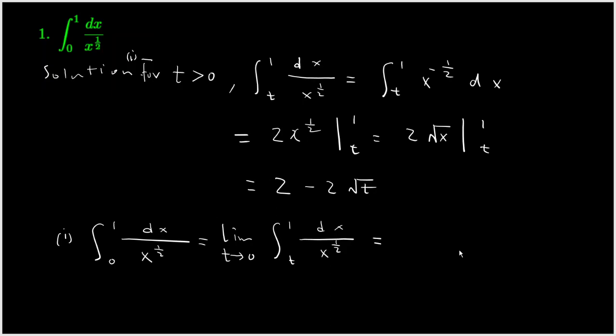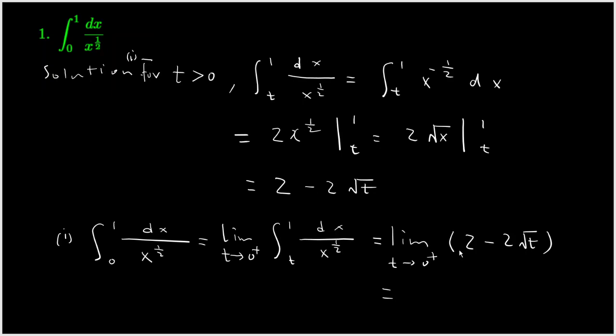Okay, so all we need is to take the limit as t approaches 0. You look at the integral part. The integral part is the answer to step 1. You take the limit of 2 minus 2 square root of t, right? This limit is simple to evaluate. Sorry, t approaches 0 from the right. I said many times approaches 0 from the right.